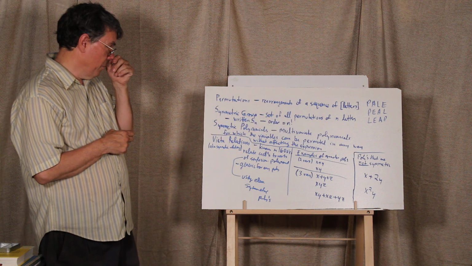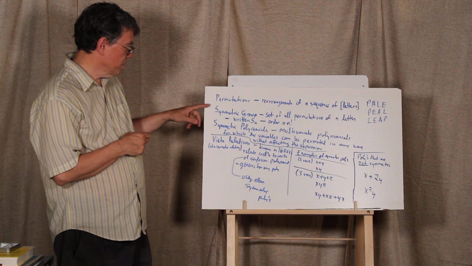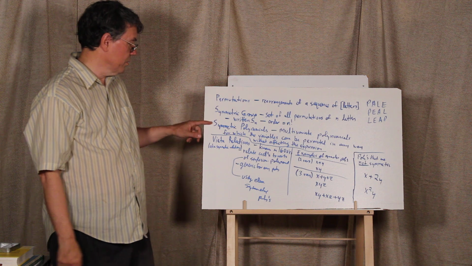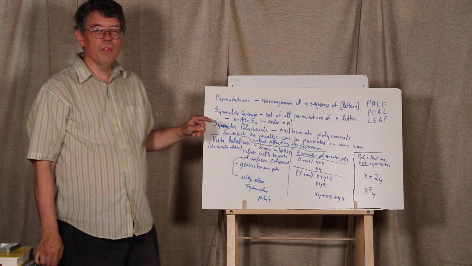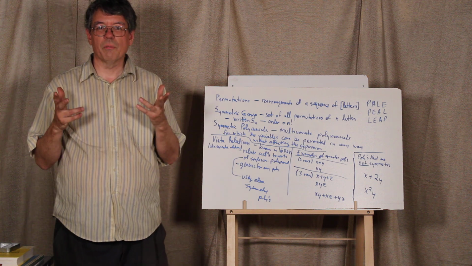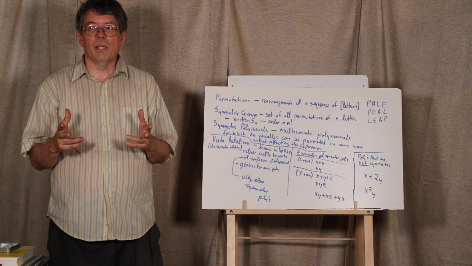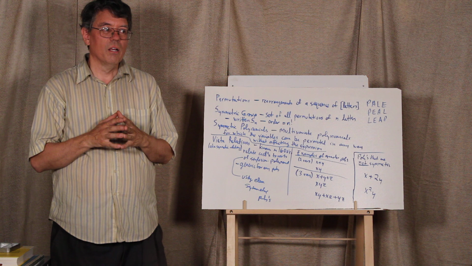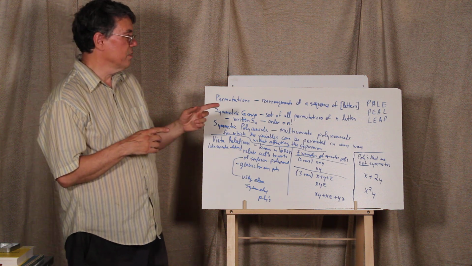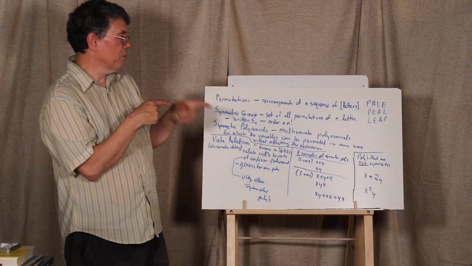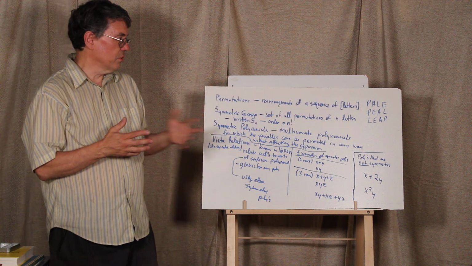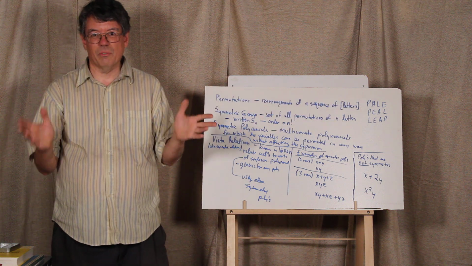Okay. Now, just a word about the terminology here. When we say symmetric group, and we're going to talk about symmetric polynomials, this is not the ordinary geometric meaning of the word symmetry in the sense that a person's body is symmetric or a snowflake is symmetric or something like that. What we're simply talking about here is a rearrangement, a permutation of a sequence of letters into a different sequence. So it's not like a geometrical symmetry.